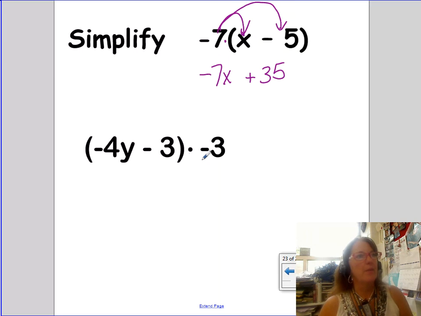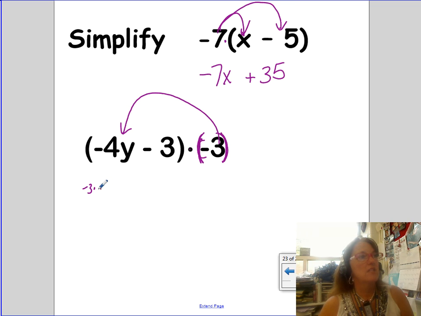Ooh, here we go. This time, this negative 3 is in the back. Okay, sometimes they'll put extra parentheses around here so you don't see times minus right in a row, like that. Times negative 3. All right, we're shooting from behind here. Negative 3 times negative 4y.